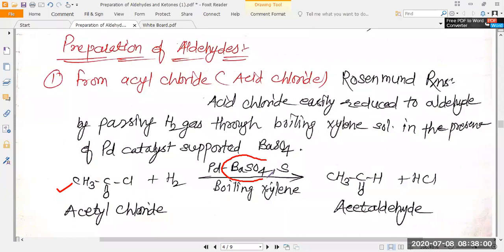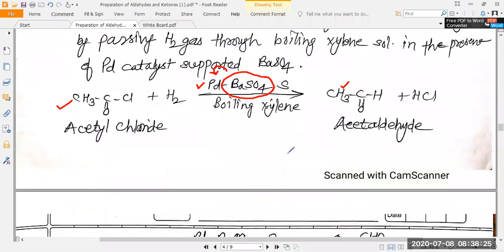Barium sulfate acts as a poison for the catalyst because it is a strong reducing agent. So to stop the reaction at the aldehyde stage, we use it in this reaction, and this reaction is called the Rosenmund reaction. I think the reaction is complete and clear to all of you.